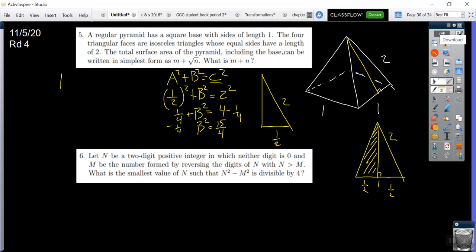All right, so then, what's the opposite of squaring something? Taking the square root. So we take the square root of all of it, and this length here is equal to the square root of 15 over 2, because the square root of 4 is 2.